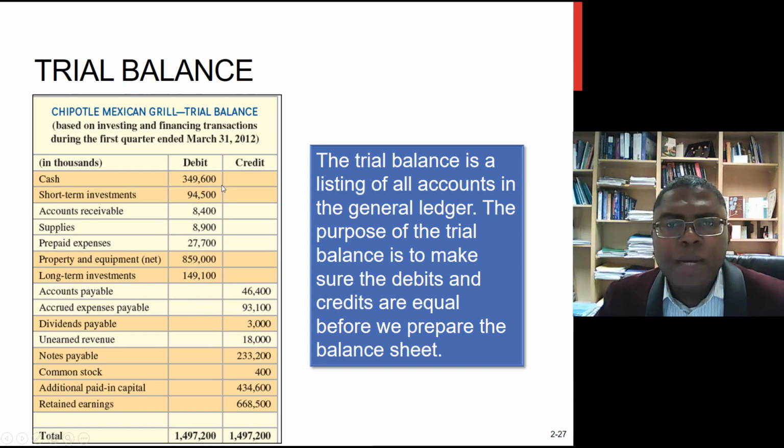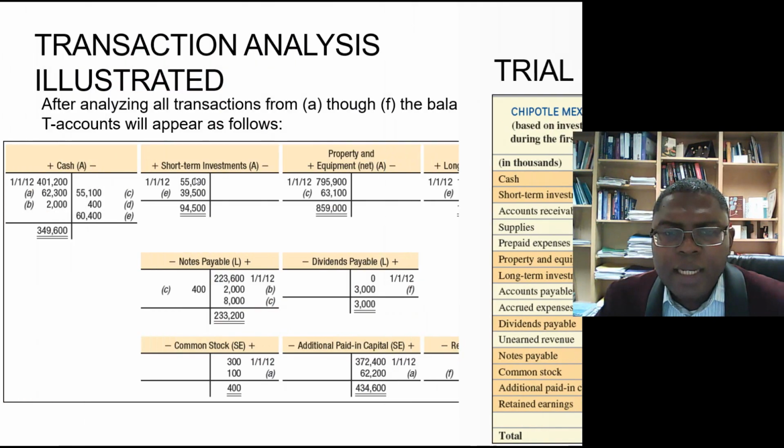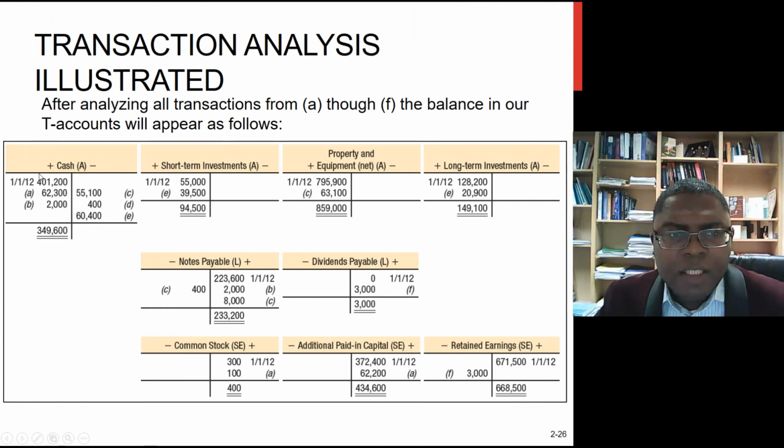So permit me to go back a little bit and I'll show you how this amount is coming from the general ledger, the cash account. So it is a debit balance. So if we go back, we will see cash. These are the changes in cash that are reflected on the general ledger, but we end up with a debit balance of 349,600.